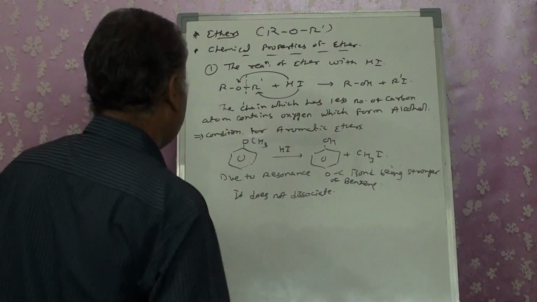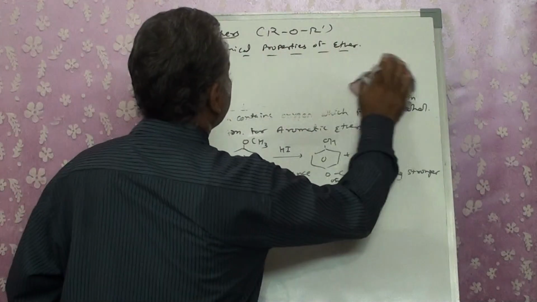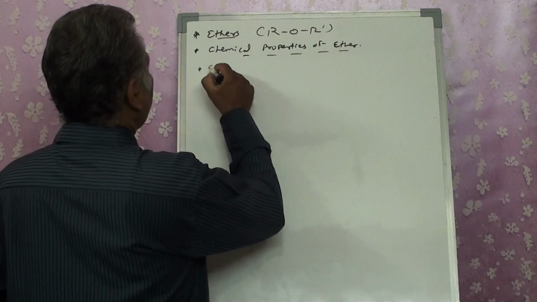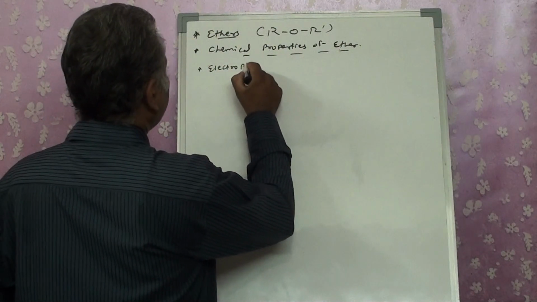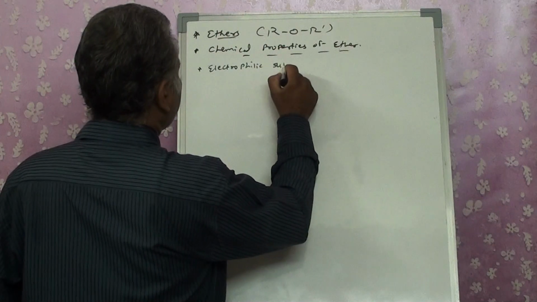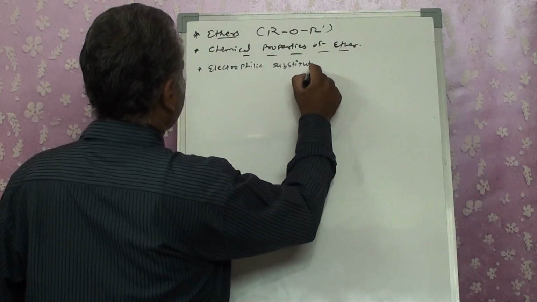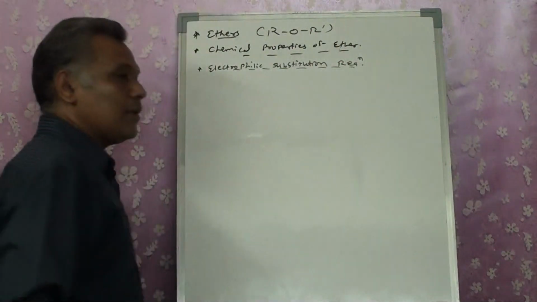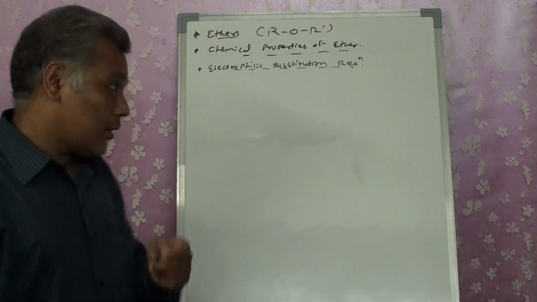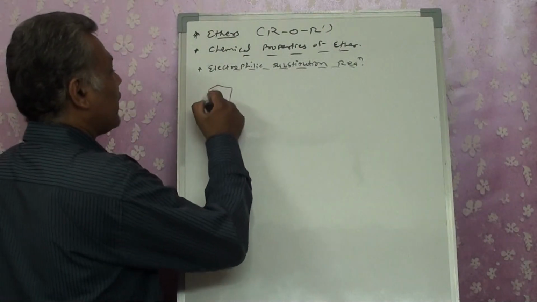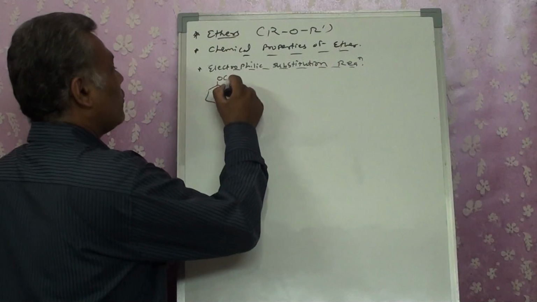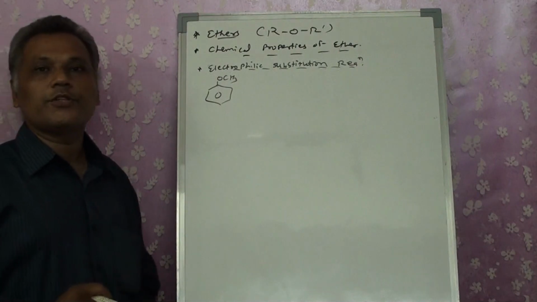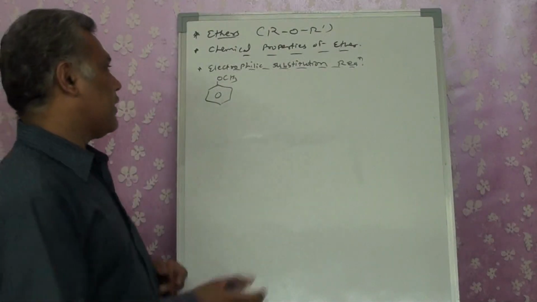Okay, next one is the electrophilic substitution reaction. When we talk about electrophilic substitution for the OCH3 group, electrophilic means nitration, sulfonation, chlorination, bromination, alkylation and acylation.